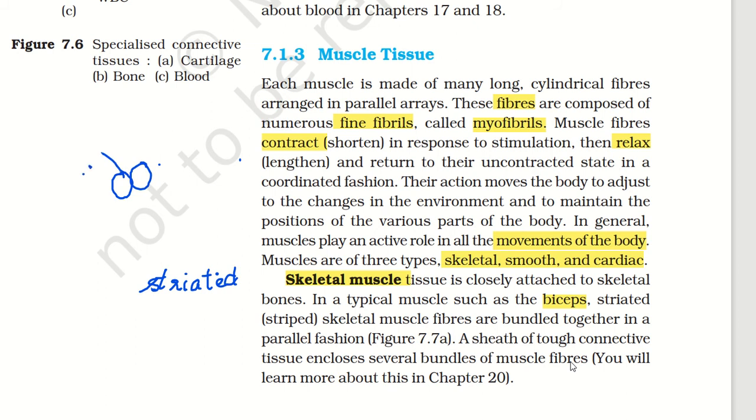It has a connective sheath surrounding it, and within them you have the muscle fibers. Like this, if you have many of these bundles, this is your muscle bundle.